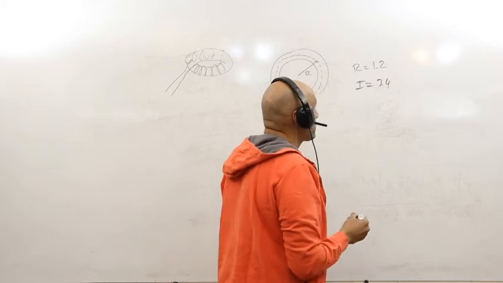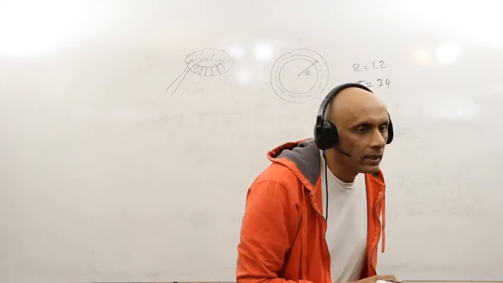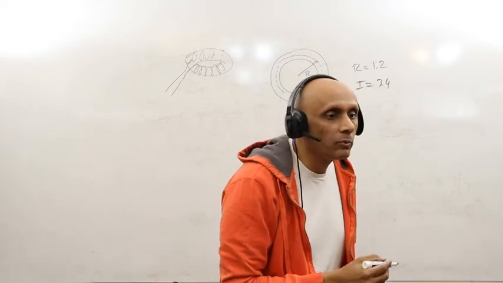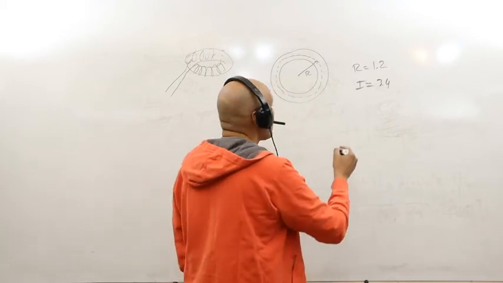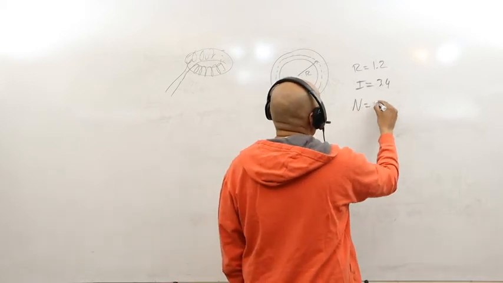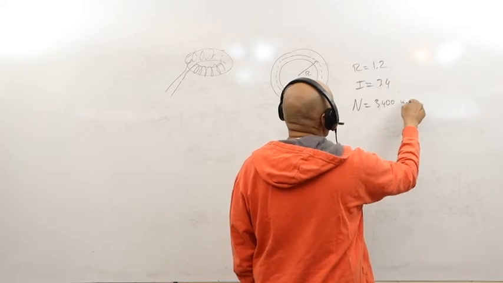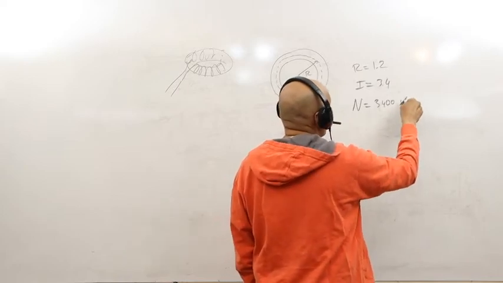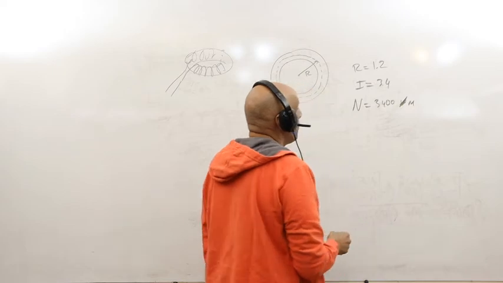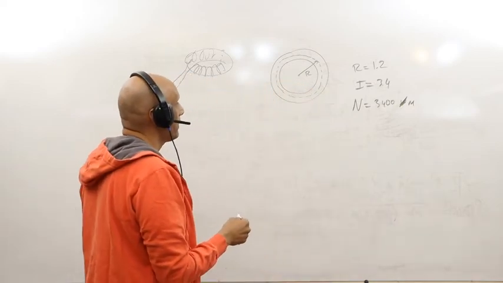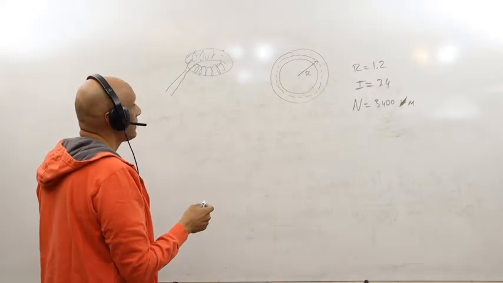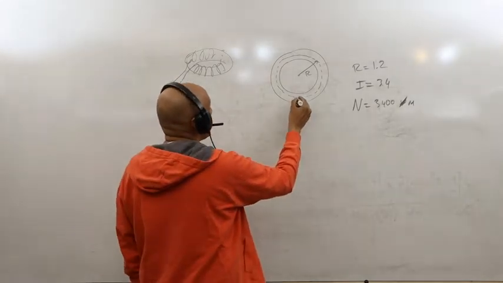Standard unit, so I won't even bother putting it in. And then we're told that the number of windings per meter, N, is 3,400 windings per meter. Windings is not a number, so I'll just say divided by meters. Windings per meter.